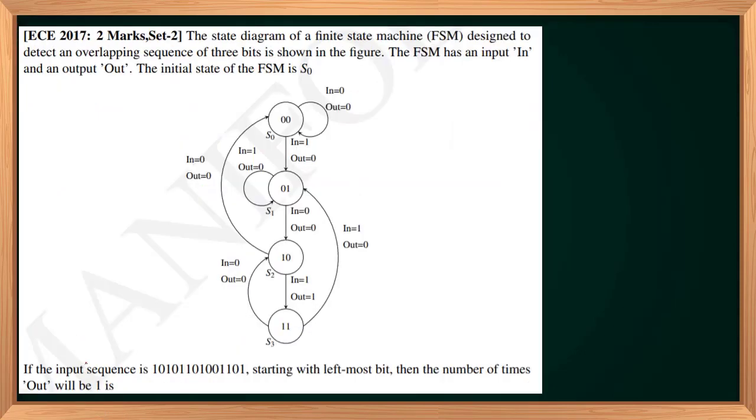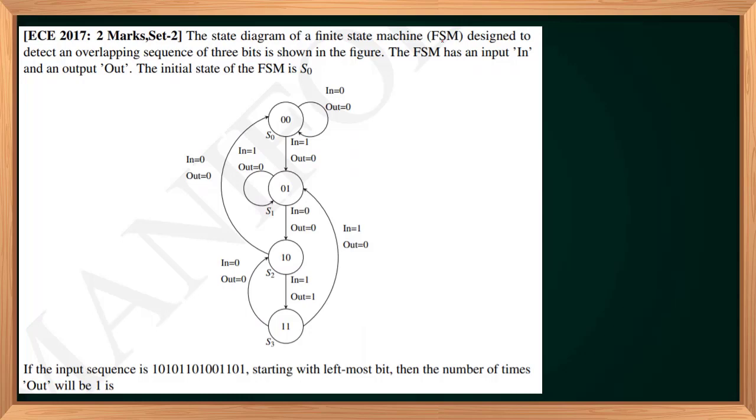Next question appeared for GATE EC 2017, 2 marks. The state diagram of a finite state machine FSM designed to detect an overlapping sequence of 3 bits is shown in the figure. The FSM has an input in and an output out. The initial state of the FSM is S0.